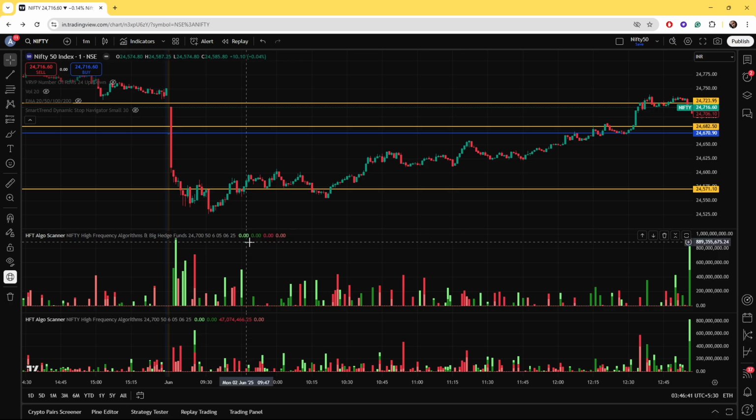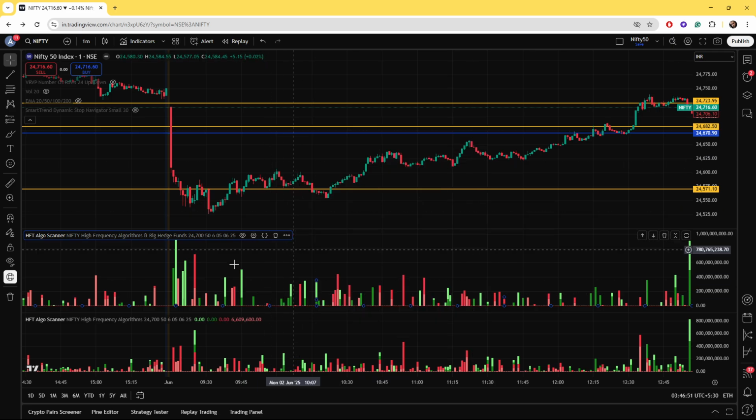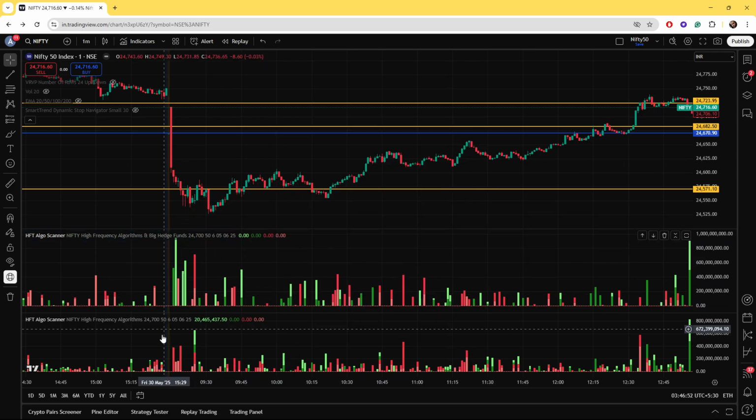So the very first thing is that if you already have the premium or higher accounts, where you can open many indicators, what I also do is open the HFT Algo Scanner several times and use different modes in them. I can open the same HFT Algo Scanner, give the same ATM, but use two different models.